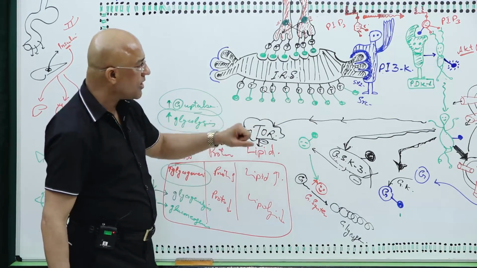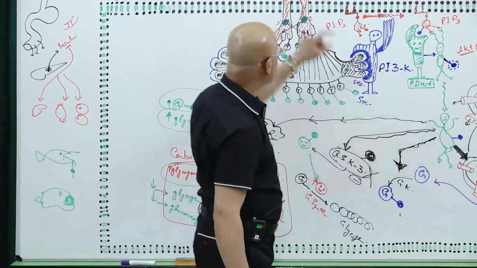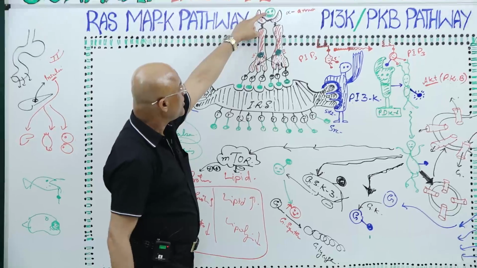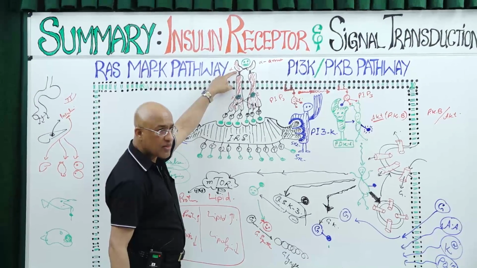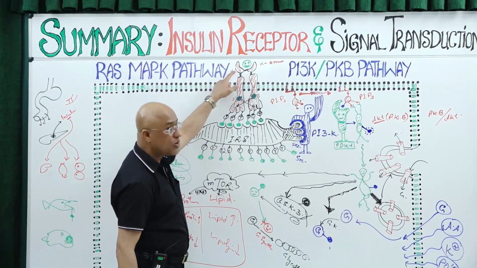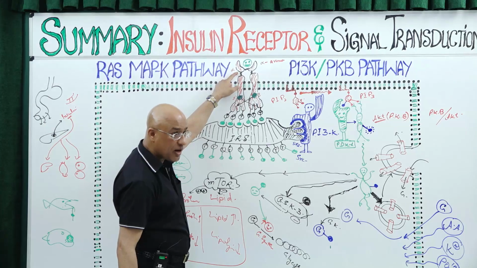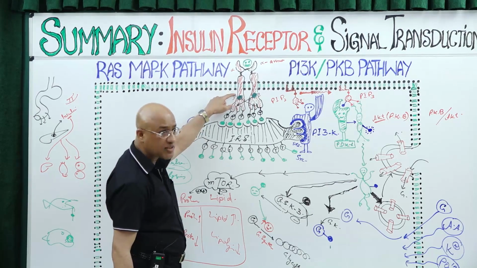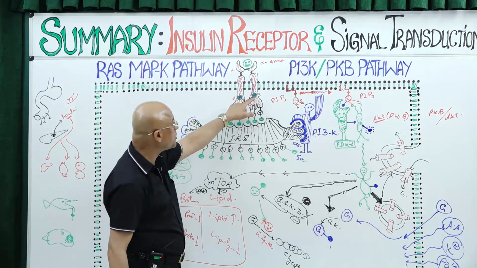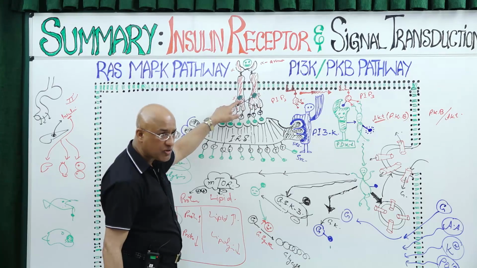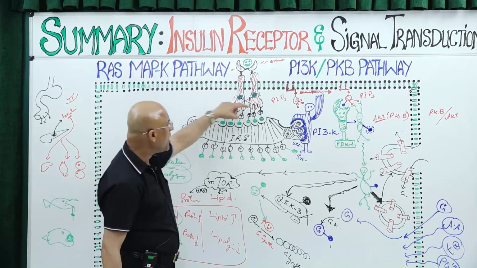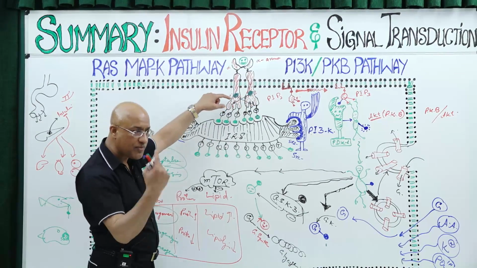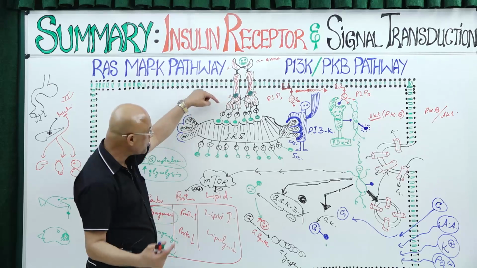So how much have we learned? We have learned that insulin binds with the alpha subunits of the insulin receptor, which activates the beta subunit. Activated beta subunits have activated intrinsic tyrosine kinase, which first leads to autophosphorylation of the tyrosine components of the beta subunits.